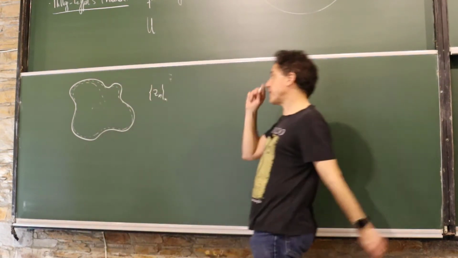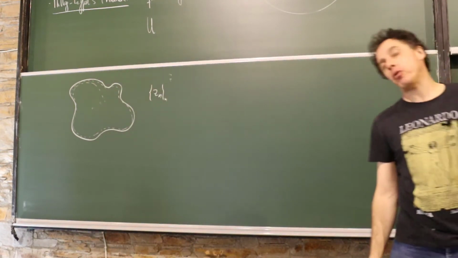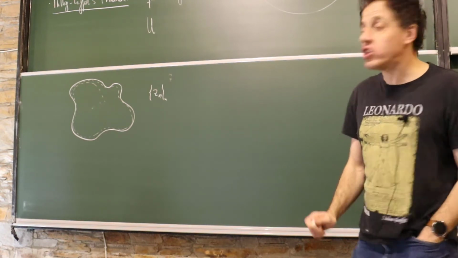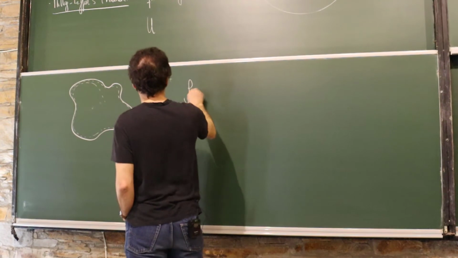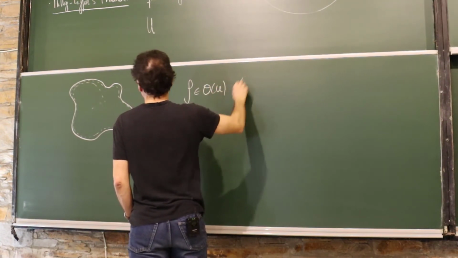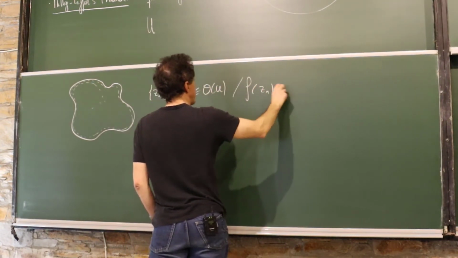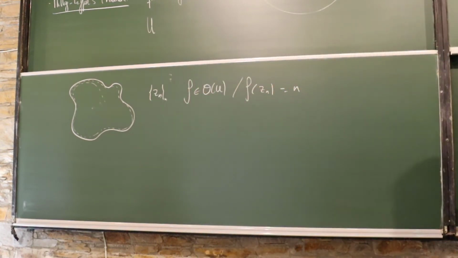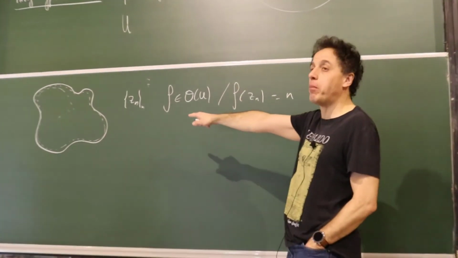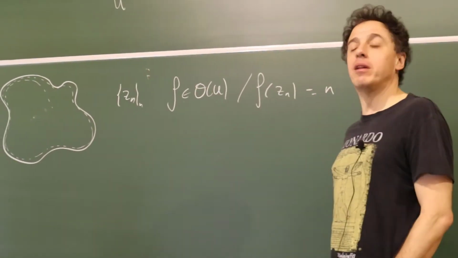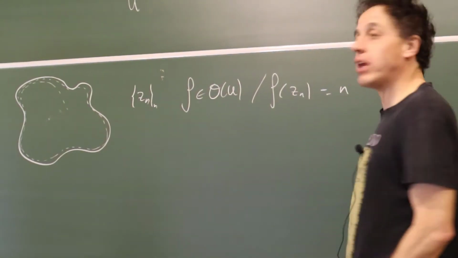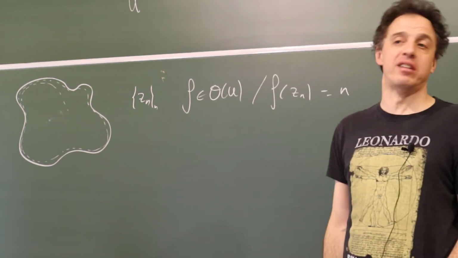Take a sequence Zn such that any point of the boundary is a limit point of this sequence. And now, using this result, consider a function holomorphic on U such that, for instance, f of Zn equals n. Such a function exists. The sequence has no limit points inside U, but every point of the boundary is a limit point. So this function cannot be extended.